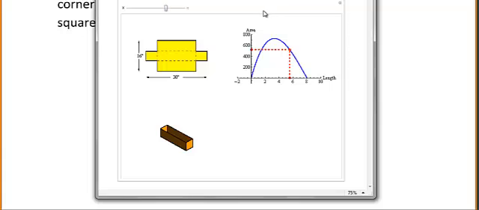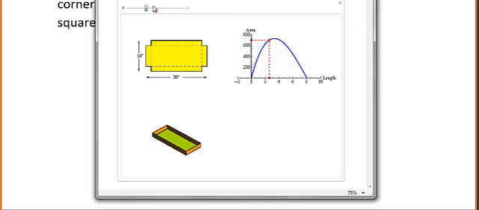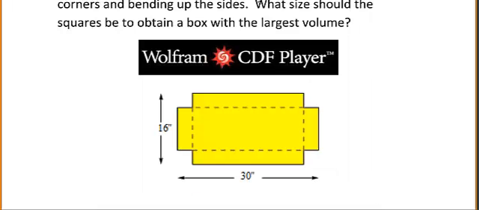So we'll have to keep that in mind. What we want to do is find this value where the volume, excuse me, I said area myself there, is as large as possible. Okay, so let's take a look.